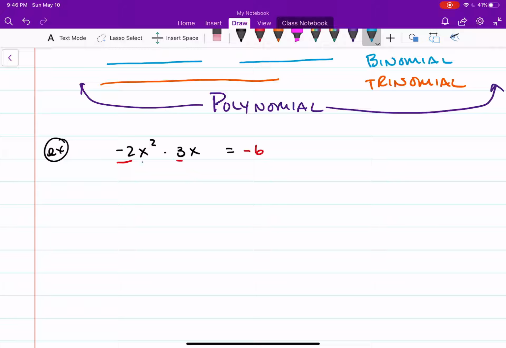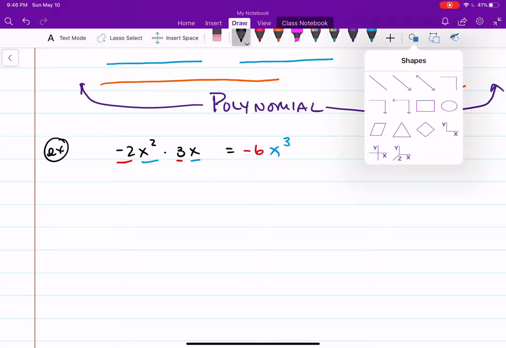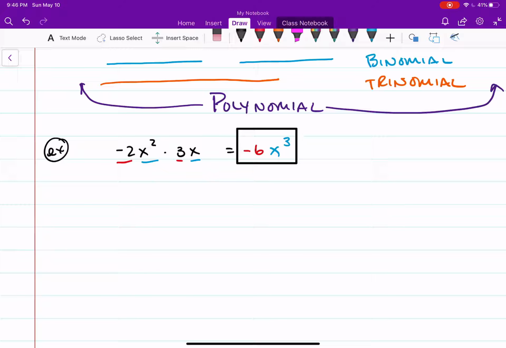Then we multiply the x's together. X squared times x, we add the exponents, so we get x to the 3rd. And that would be my answer. So monomials are pretty easy. We've been doing it with exponents. Those are all multiplying monomials.